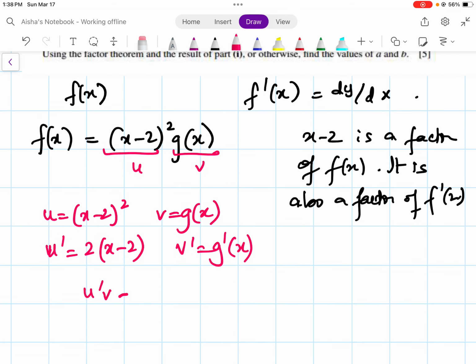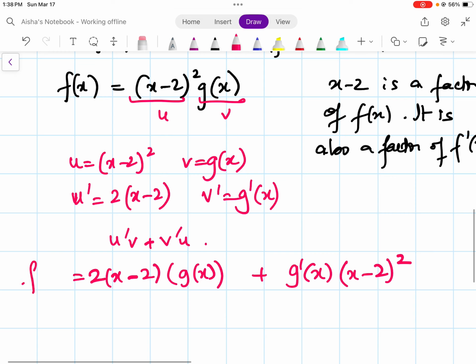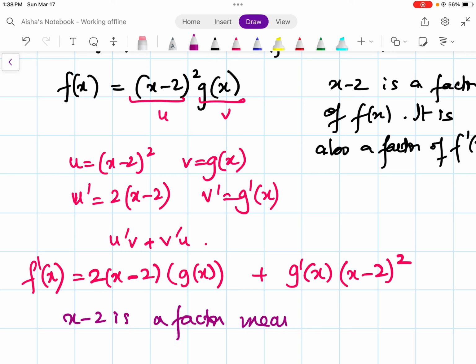Now product rule is u bar v plus v bar u. V bar is g bar x plus x minus 2 the whole square. Now this is f bar x. Can I say if I put x minus 2 is a factor, means x equals 2?